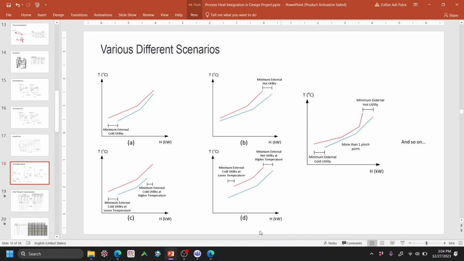And then we could also have a cold utility at the higher temperature and another cold utility at the lower temperature, something like this. And vice versa, you can have a hot utility at lower temperature and another hot utility at higher temperature. So you can see these kinds of scenarios. Yeah.